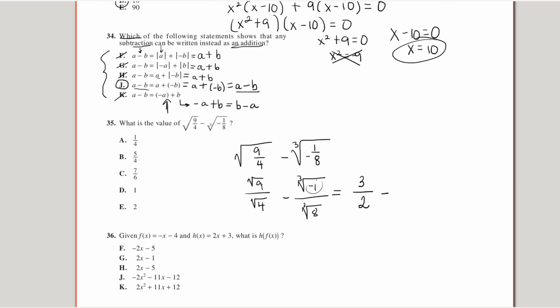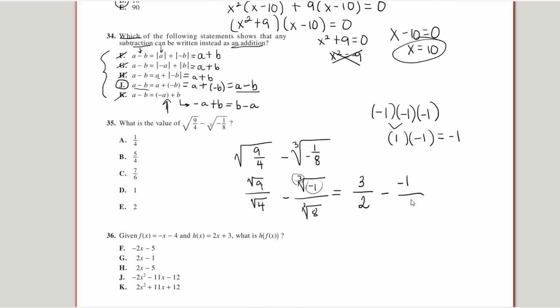Now remember, we can handle negative numbers when we have a cube root or any odd root, because as a reminder, if we had three negative 1s multiplied together, negative 1 times negative 1 is a positive 1, times negative 1 is a negative 1. And so that's where we come up with the cube root of negative 1 being negative 1.